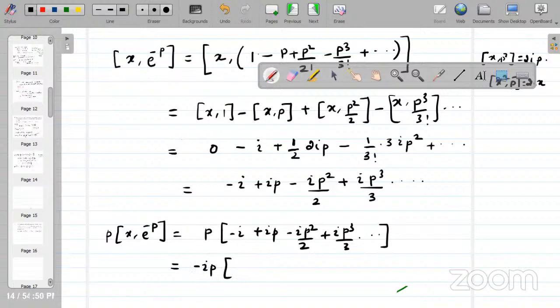We have now 1 minus p plus p² by 2 plus p³ by 3 factorial.